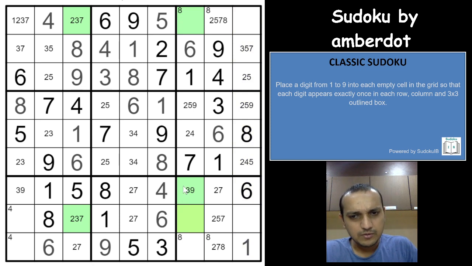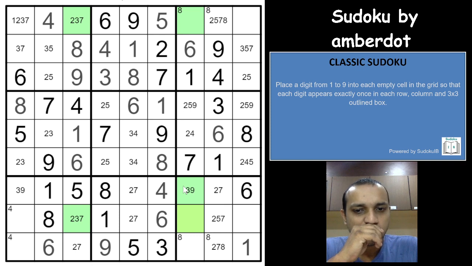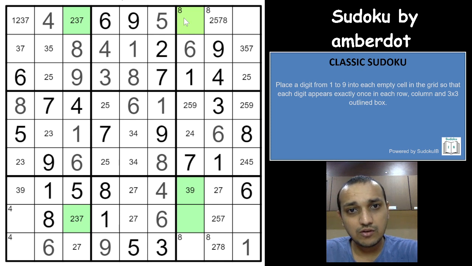Is that helpful? So I eliminate 3 from this cell, so 2 can be here, 2, 7 and 8, 2 and 8. Oh, you'll have only 2 and 8 possible here if I remove 3 from this cell. Same way, 2, 4, 5, 7 and 9.